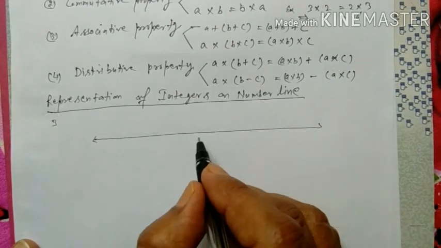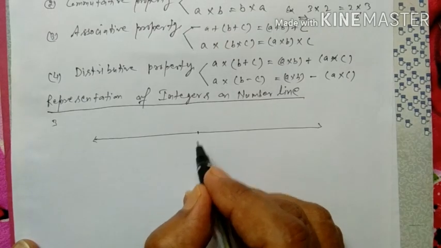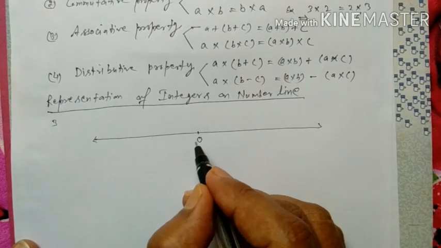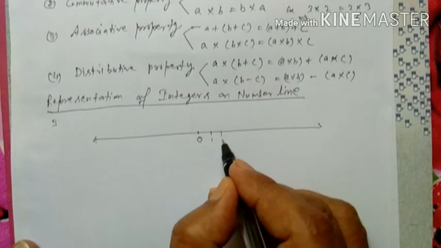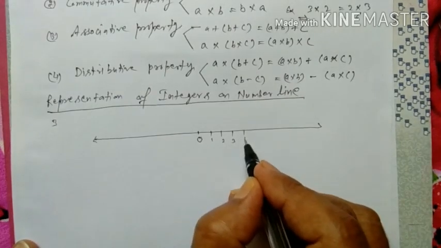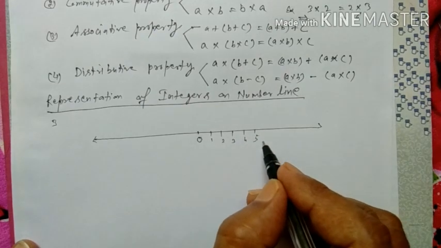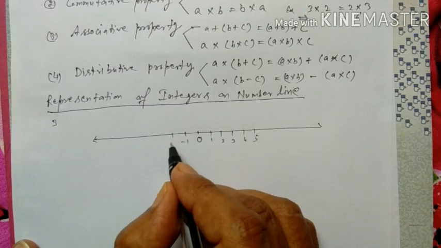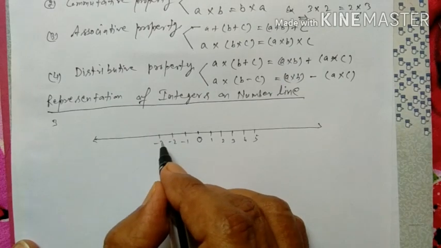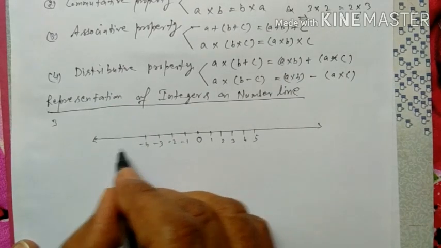It is a simple line, and in the middle we denote 0, and on the right hand side 1, 2, 3, 4, 5 at equal distance, and on the left hand side -1, -2, -3, -4, and so on.